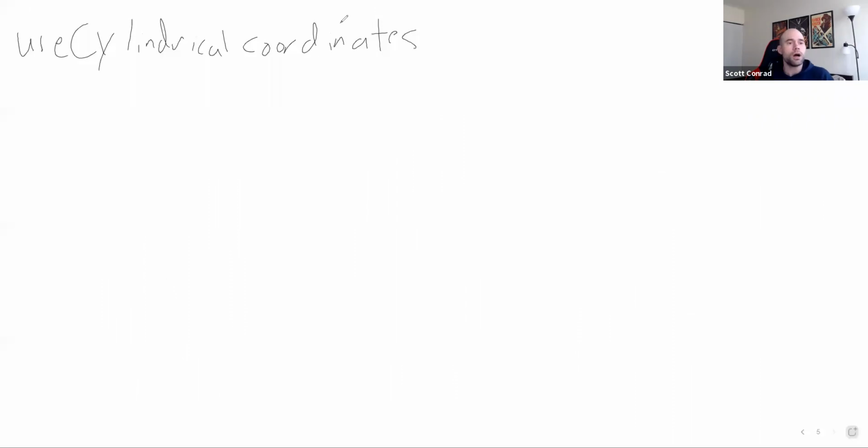Okay, so cylindrical coordinates are going to be useful for integrating over three-dimensional regions, which are bounded by cylinders, planes, and sometimes cones.